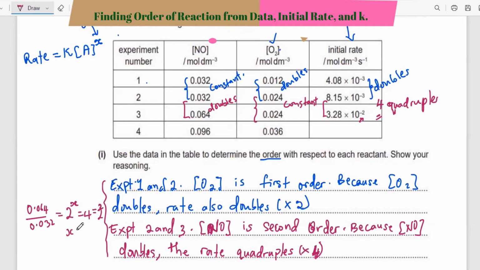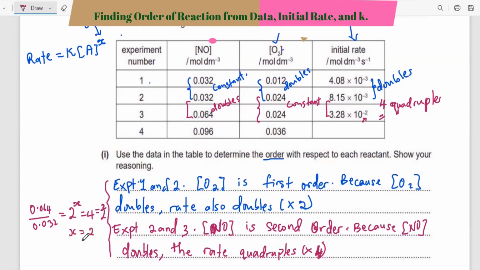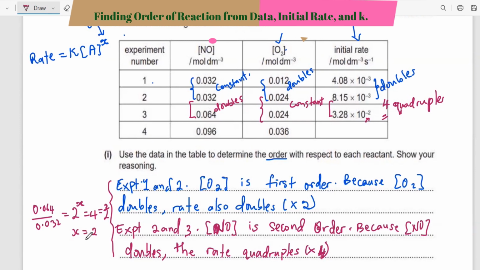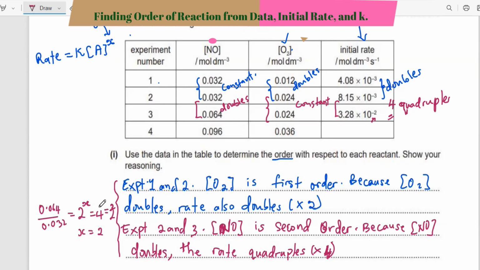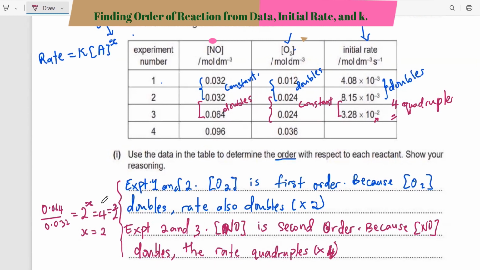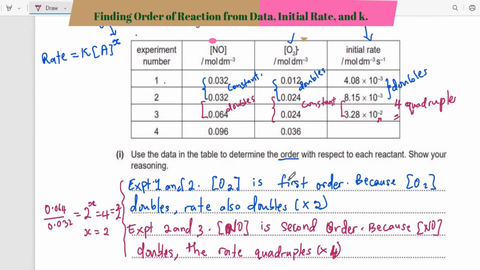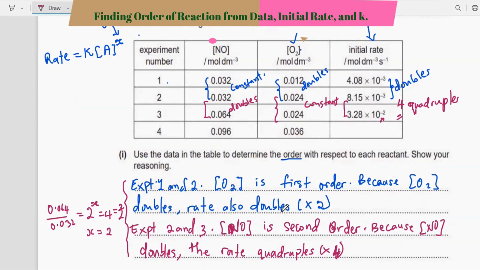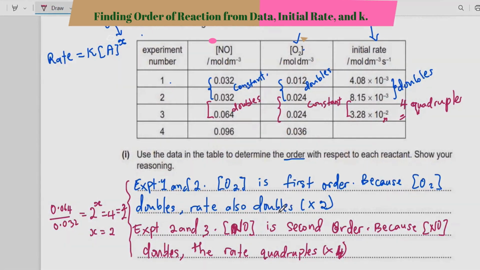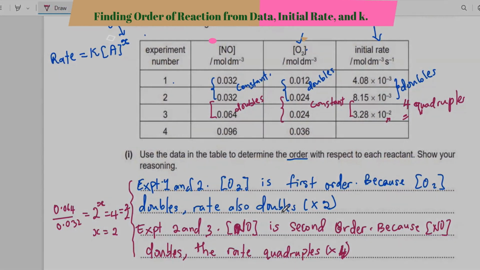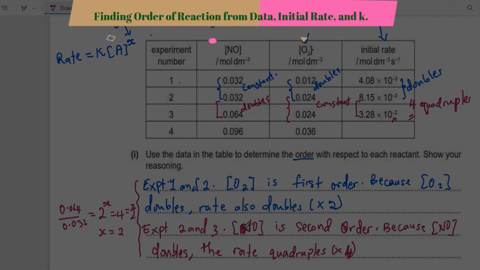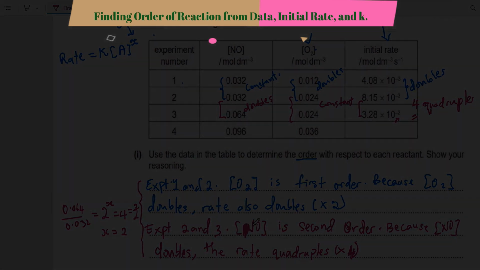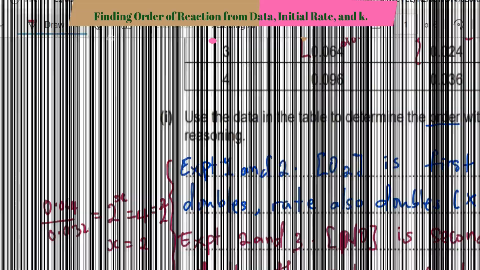So that's your x equals 2. So the order is 2, or second order. You could also use some mathematics on your experiments 1 and 2 to get that for oxygen. I hope this question doesn't pose any worry. And if you have any other way to solve this question, please keep us a comment below, okay?